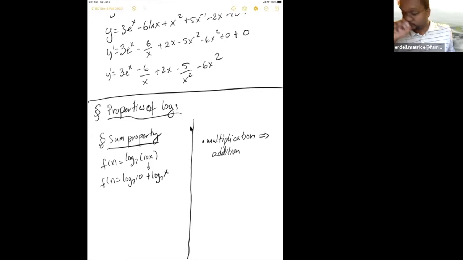Another way to think about it, although it's technically not mathematically correct, is that if I'm distributing the log base 7, the log 7 right here gives me the first term, and then the log 7 right here gives me the second term. But you just got to remember that the multiplication symbol will become an addition symbol.